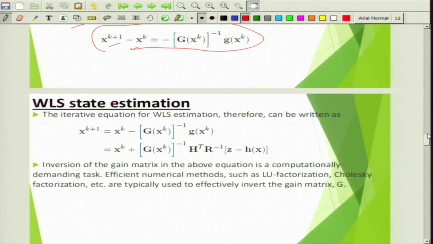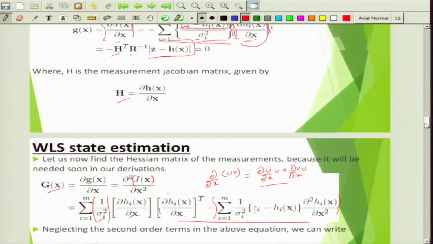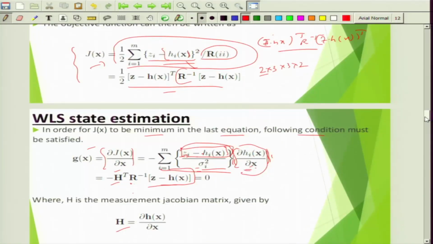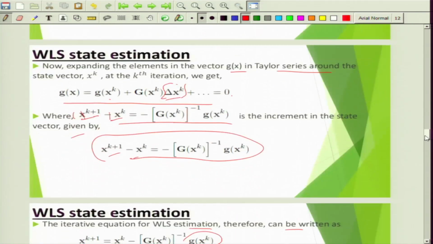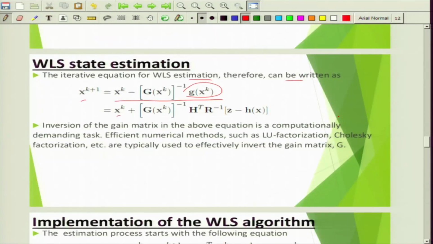The iterative equation for weighted least square estimation therefore can be written as x of k plus 1 is equal to x of k minus this term. Now you replace g(x_k) by what we have got already, g(x) is nothing but minus H transpose R inverse into z minus h(x), just replace that here, then you will get this term, right.